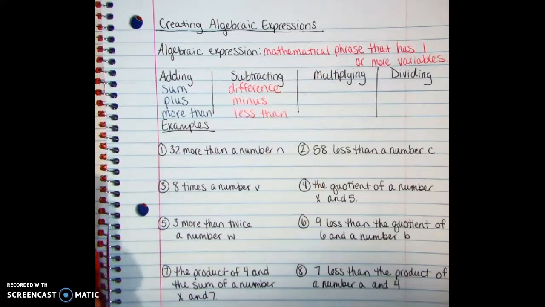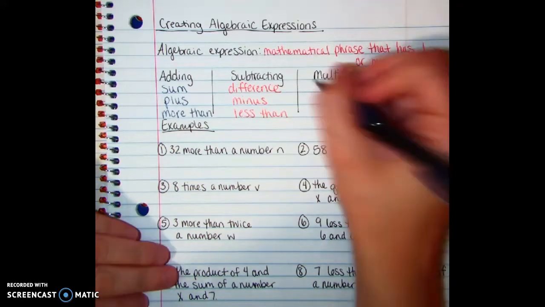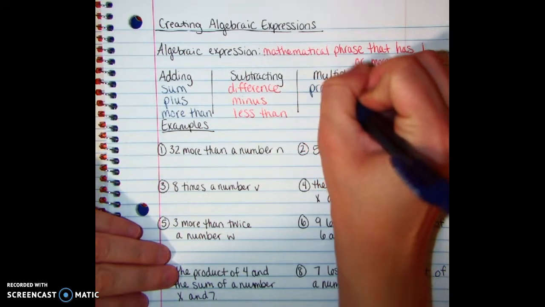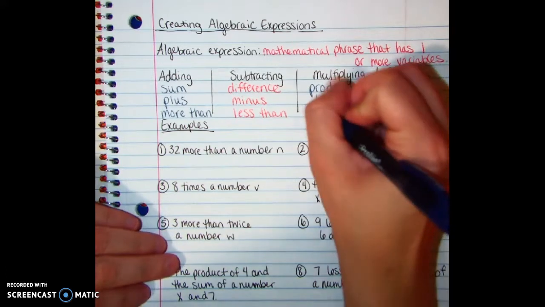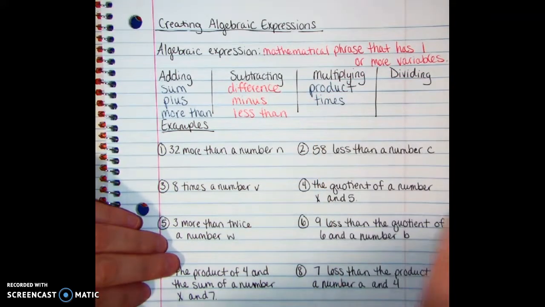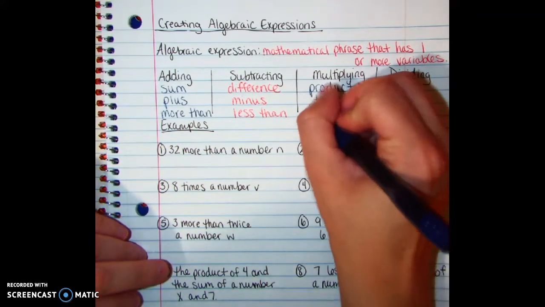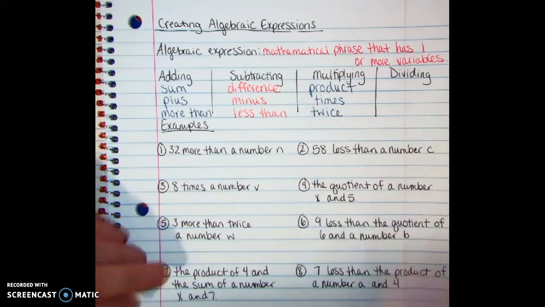Those are the more common ones that you'll probably see. For multiplying, it might be product, or times. Another one that's common is twice. That just means times 2.